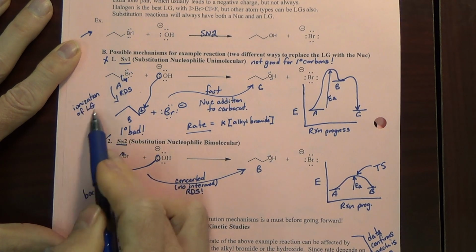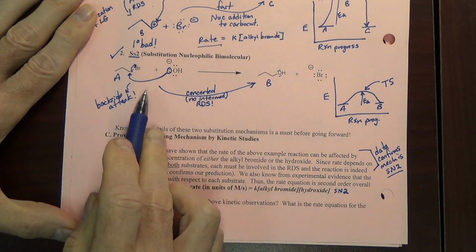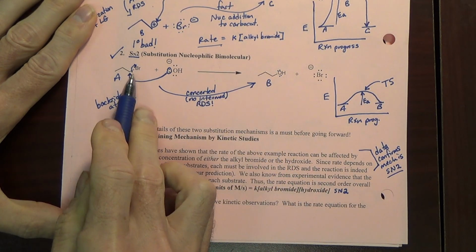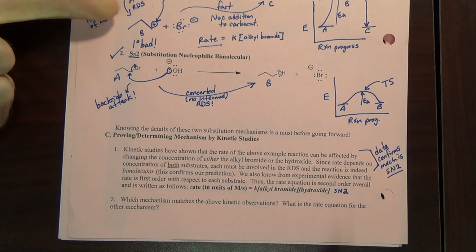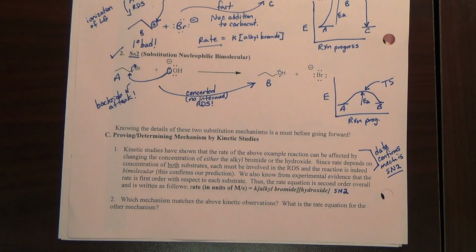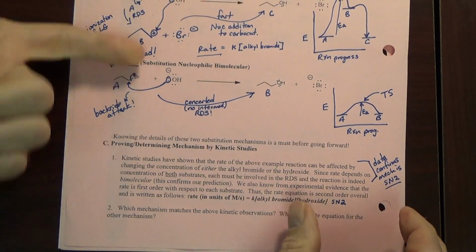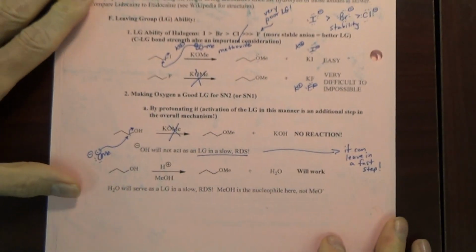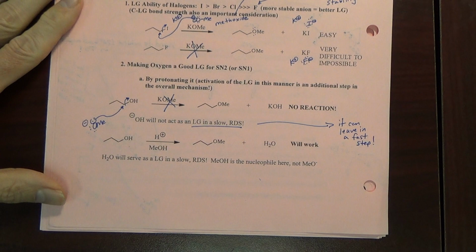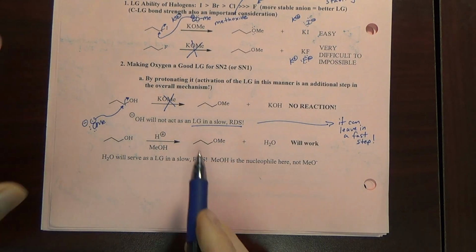Ionization of leaving group leaving. For SN2, what's the rate determining step? Well, there's only one step, and the leaving group has to leave in that one step. The leaving group leaves in the rate determining step in both mechanisms. Hopefully you remembered that. So this statement applies to both SN1 and SN2.